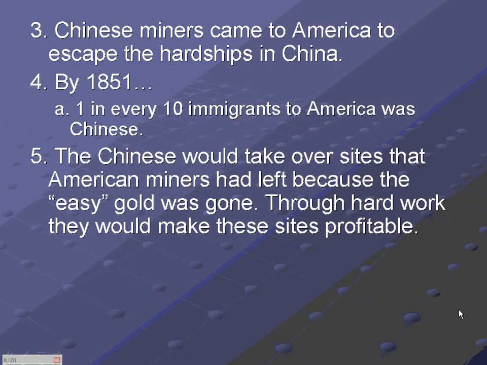Basically, the American miners would get the gold that was right here in this area, and then they would leave because it was too hard to go any further down. And the Chinese workers would come in and they would work hard and get all the stuff that was down here because there was still more gold, and they would make these sites profitable.